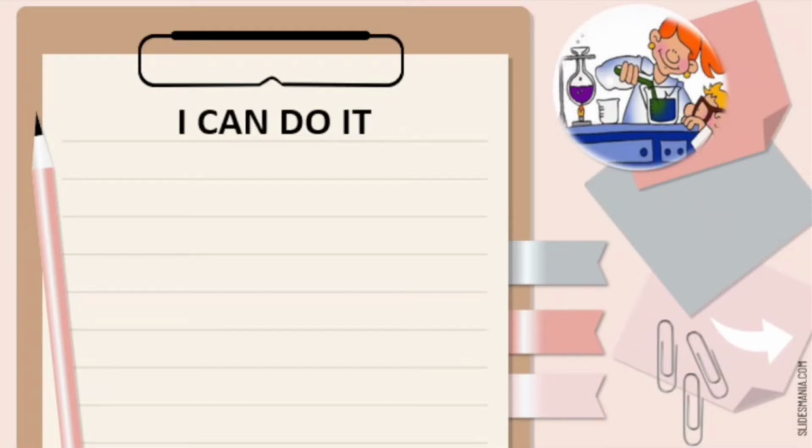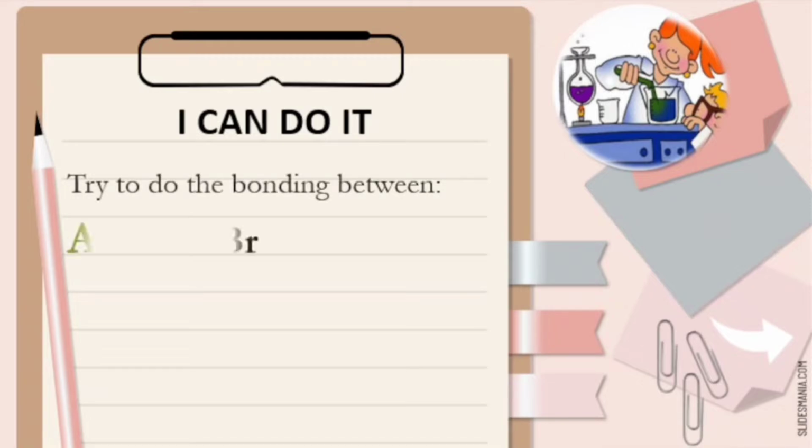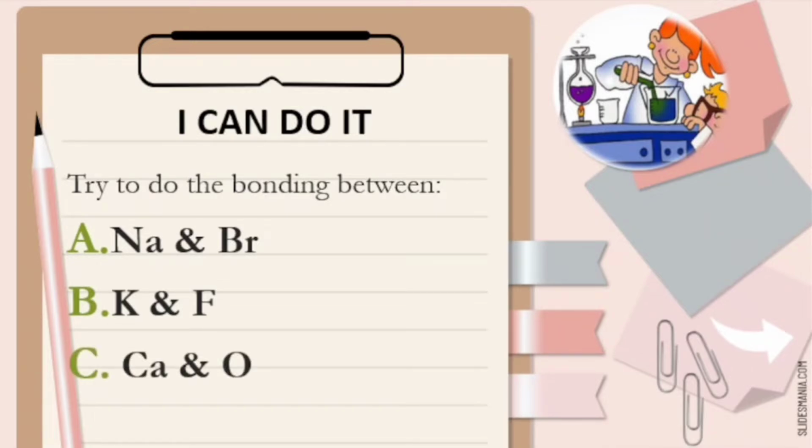Try to do the bonding between sodium and bromine, potassium and fluorine, calcium and oxygen. Take note of the electronegativity value of the given bond.